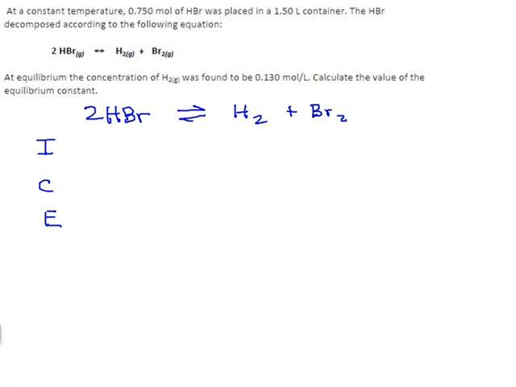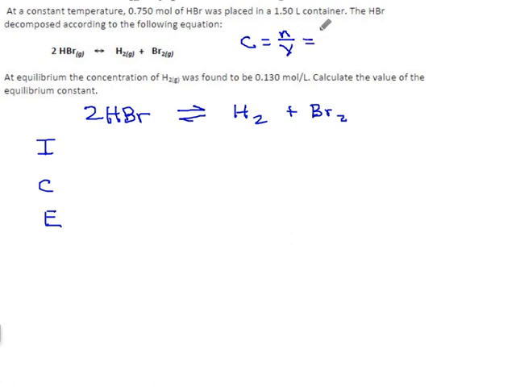And what did they give us? HBr was 0.75 moles. You see the trap here? These amounts are supposed to be concentrations. This is not a concentration. The concentration is number of moles divided by volume.